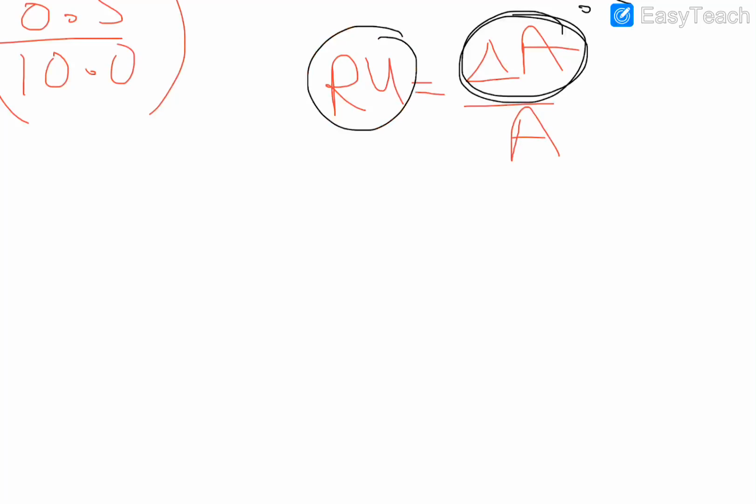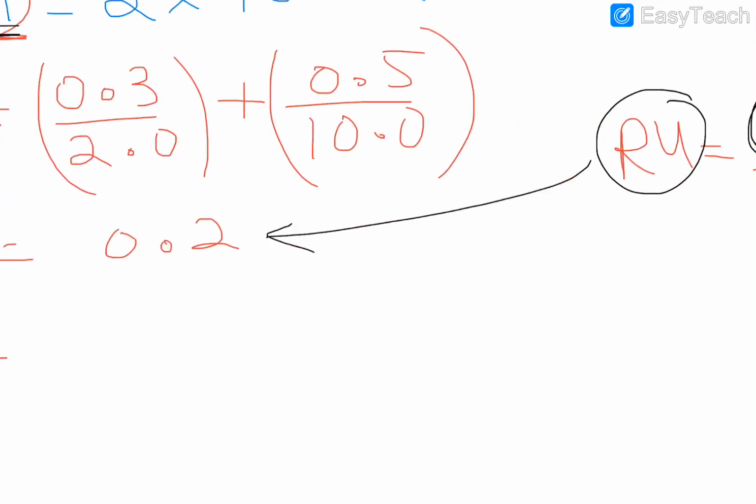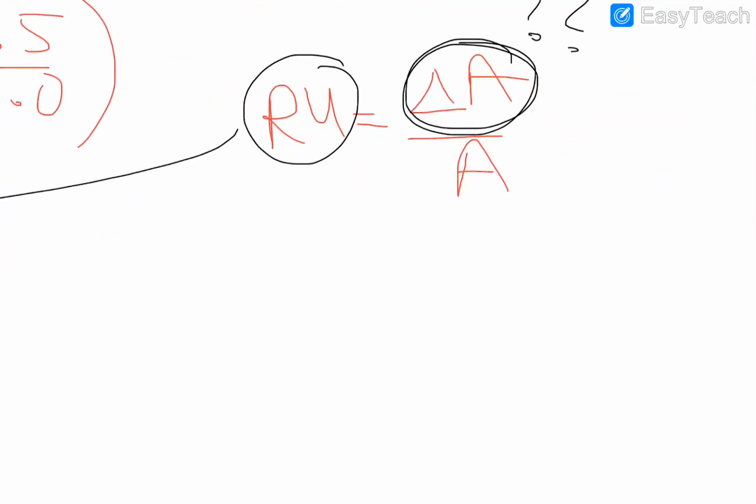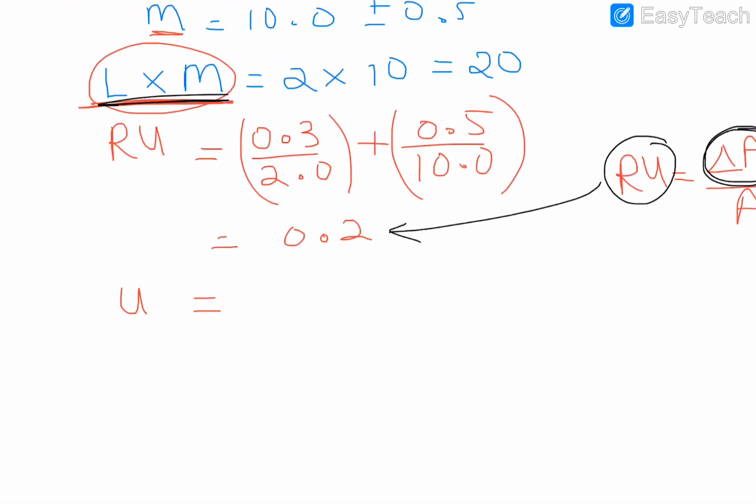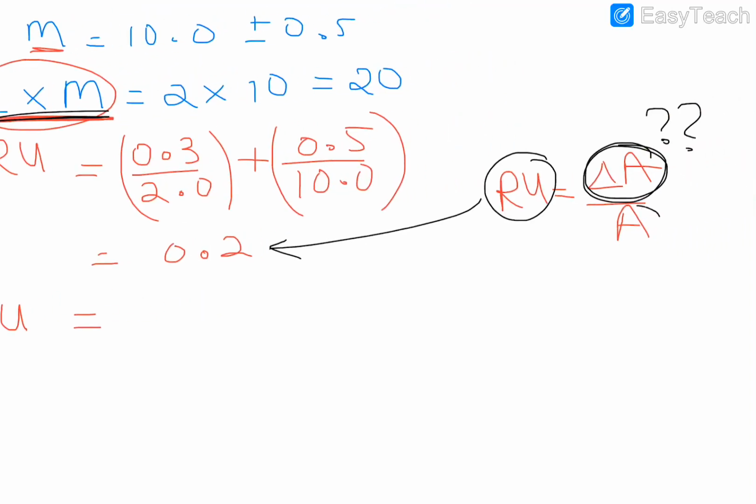The relative uncertainty, this is what we just found here. The value for L times M, this one, we have it here.